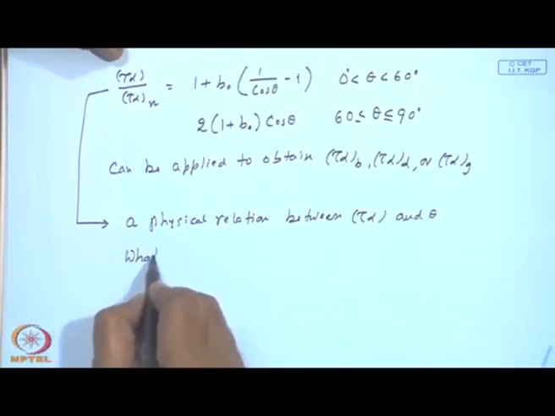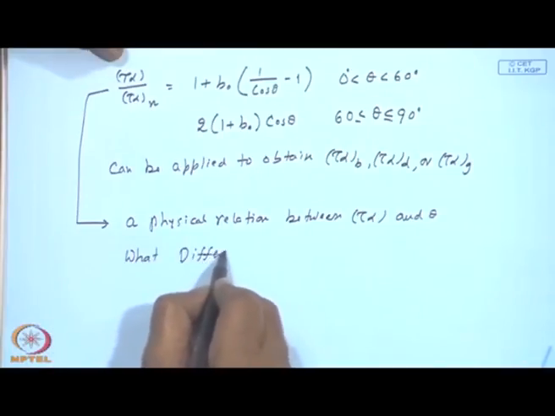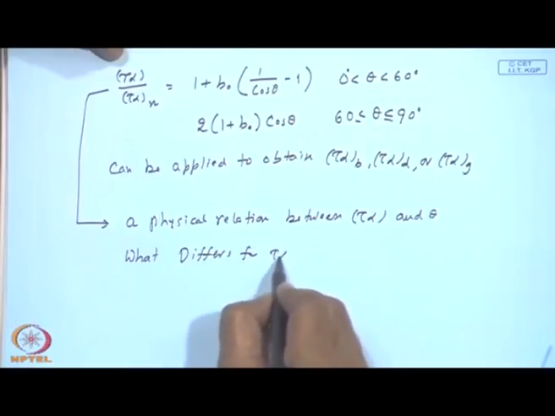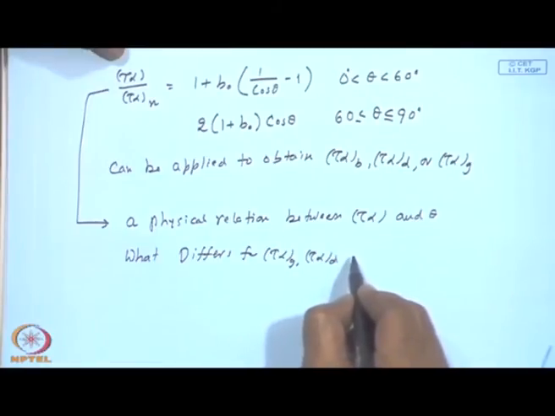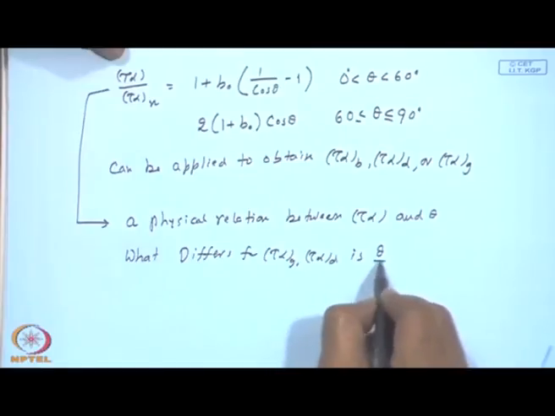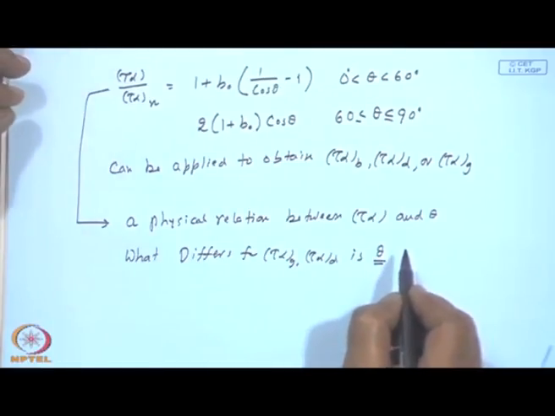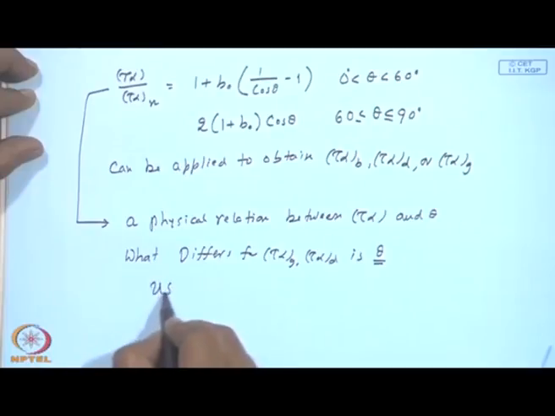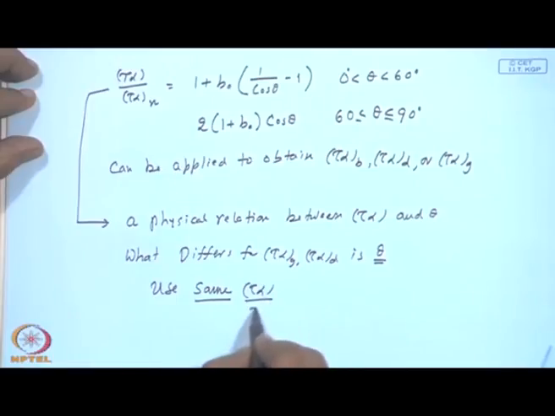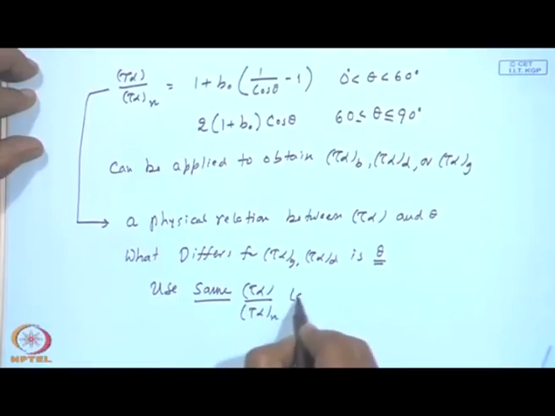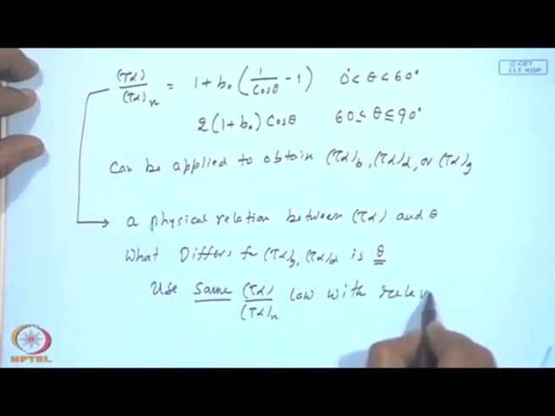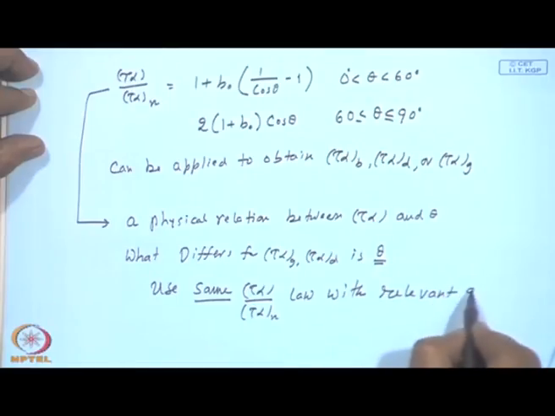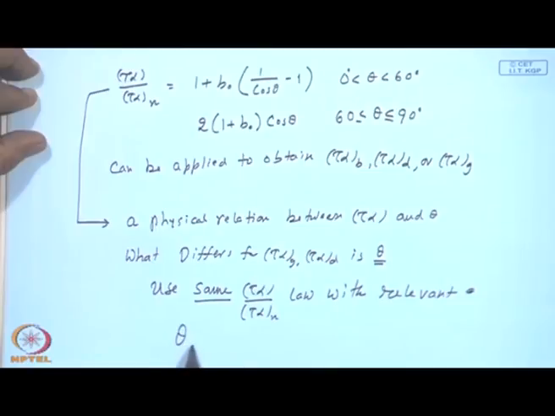What differs for tau alpha g or tau alpha d is theta. So, you use the same law, but use theta d.